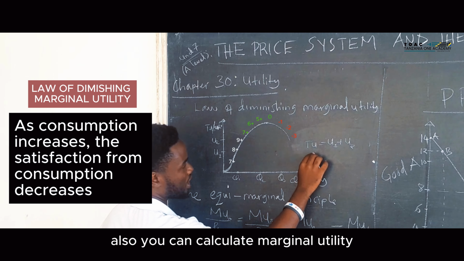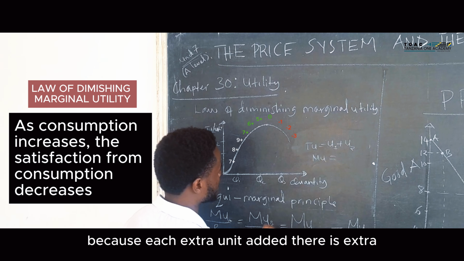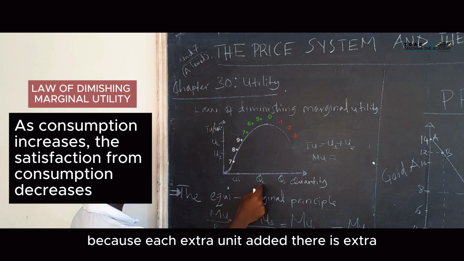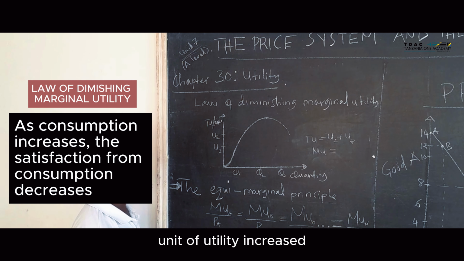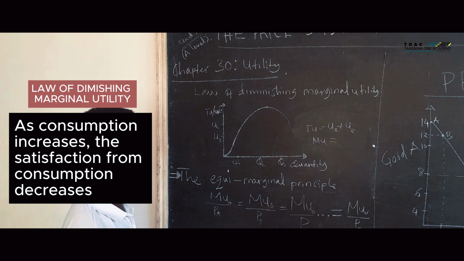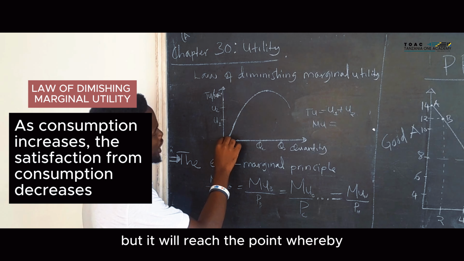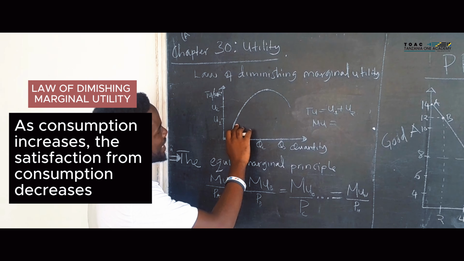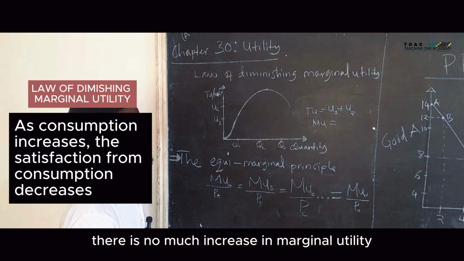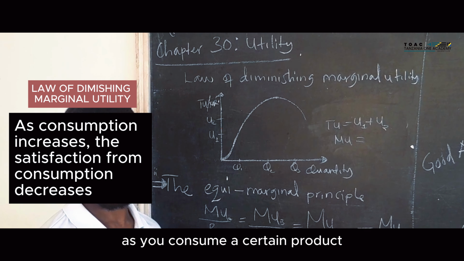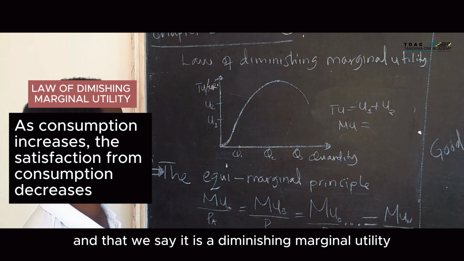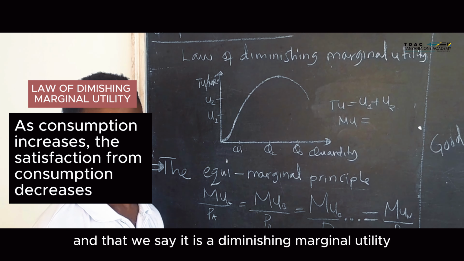From here you can also calculate marginal utility, because with each extra unit added, there is extra utility. But it will reach a point where there is not much increase in marginal utility as you consume a certain product, and that is when we say there is diminishing marginal utility.